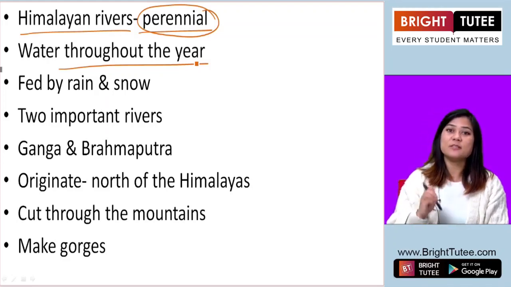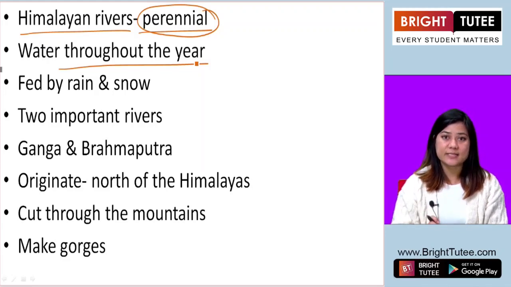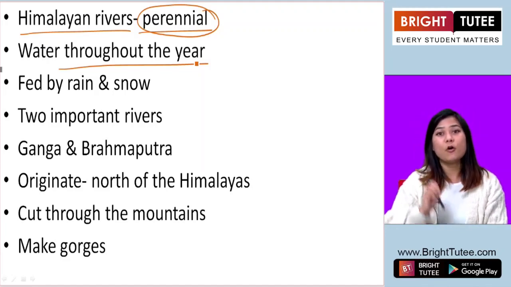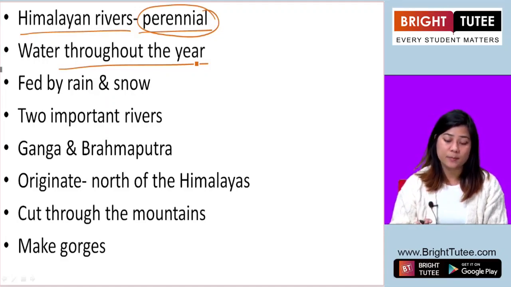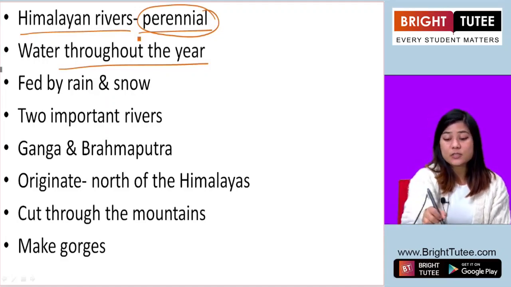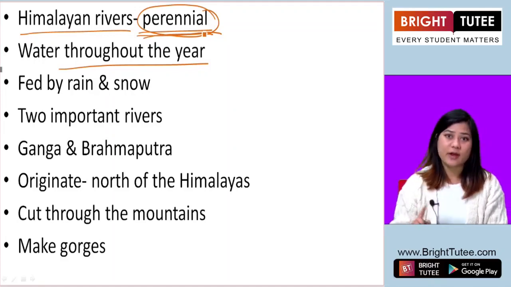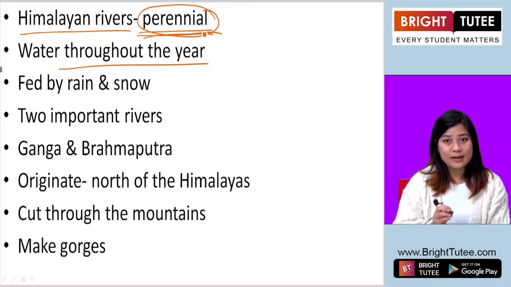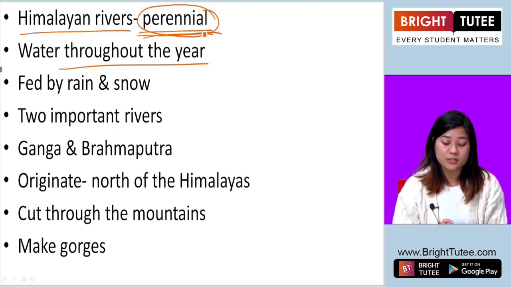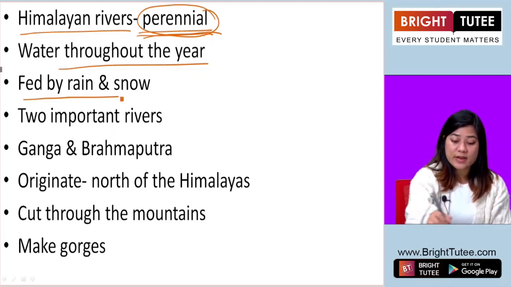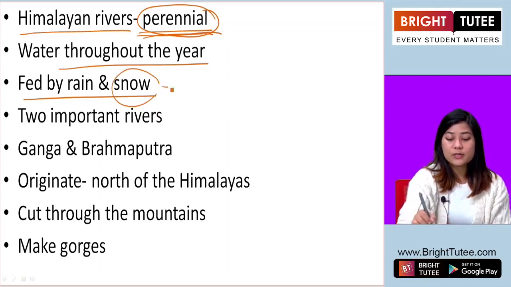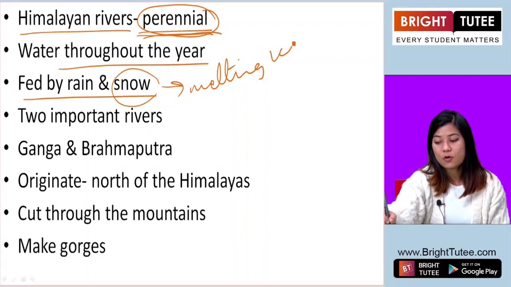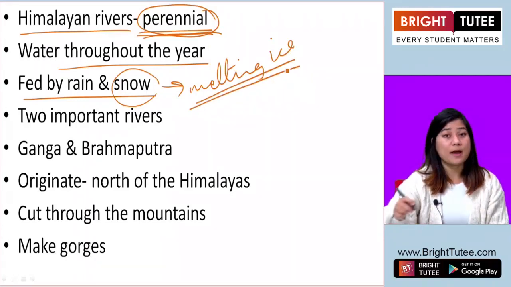Irrespective of the season, irrespective of the weather condition, the water of those rivers does not dry up. So those rivers are called perennial. They never dry up. They have water all throughout the year. So the Himalayan rivers are perennial rivers, and they are fed by rain and snow, or the melting ice of the glaciers in the Himalayas.